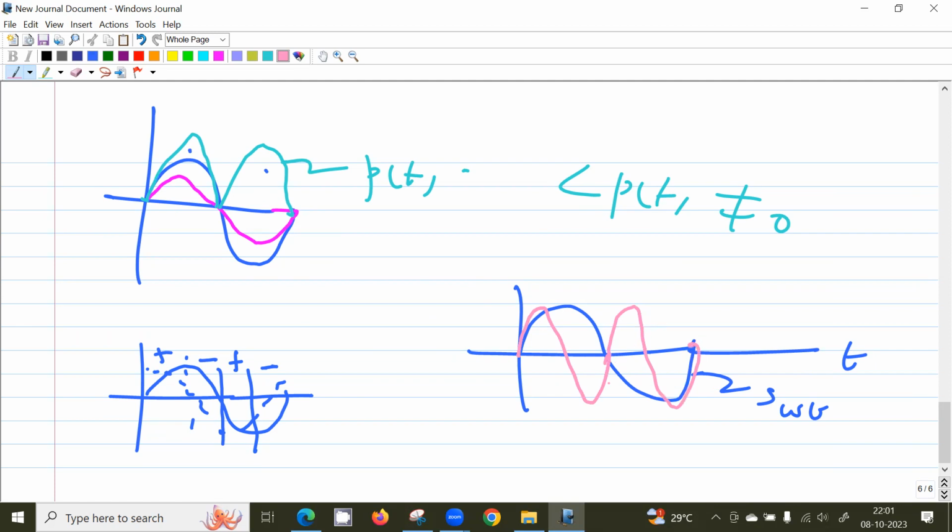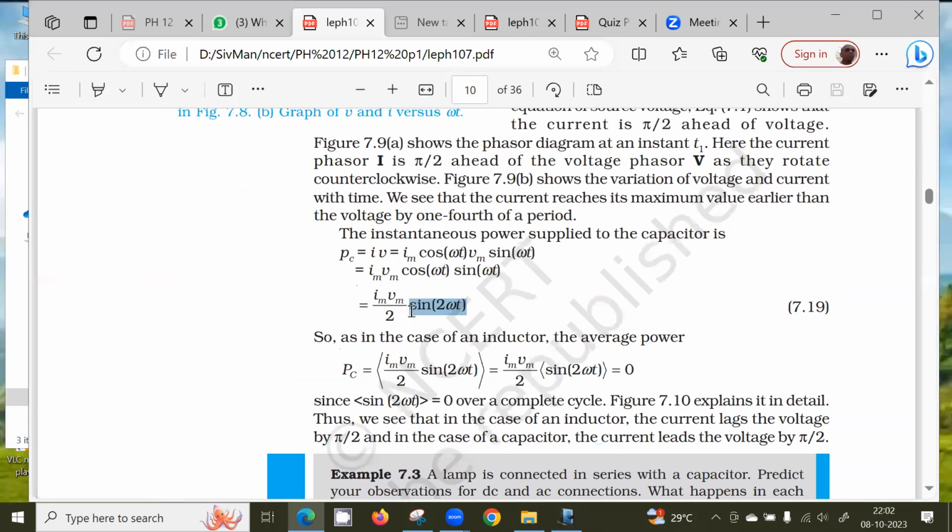Within one period of sine omega t, sine 2 omega t has made 2 periods. So the average of sine omega t over a period is 0 because it is positive here and negative here. And the average of sine 2 omega t is also 0 because positive, negative, positive, negative.